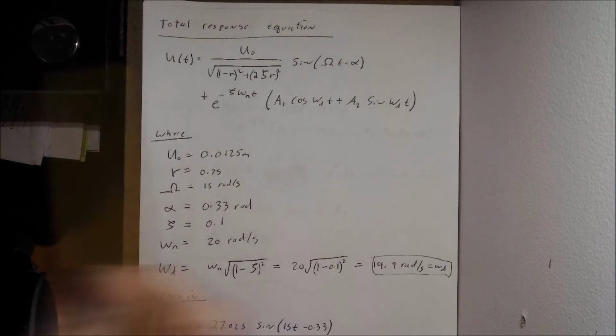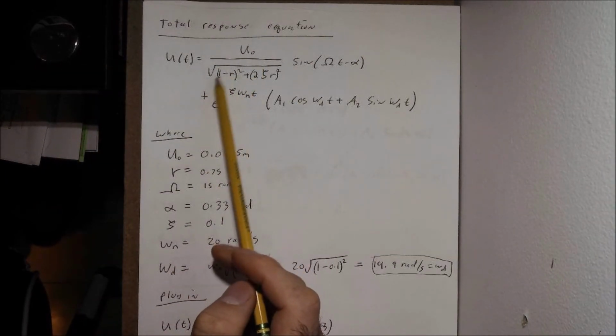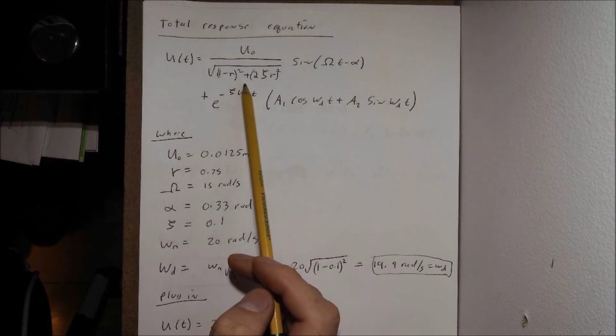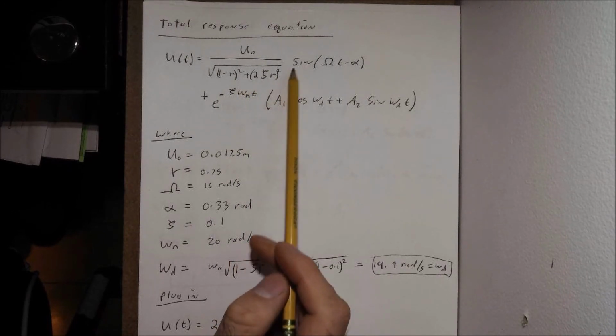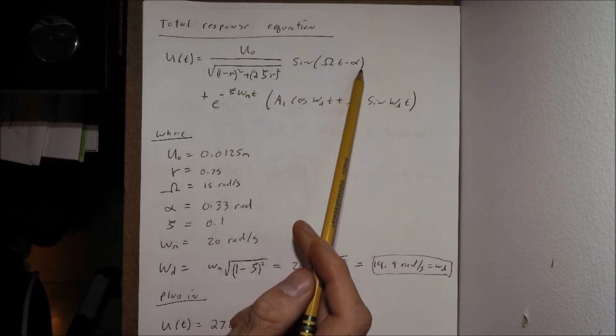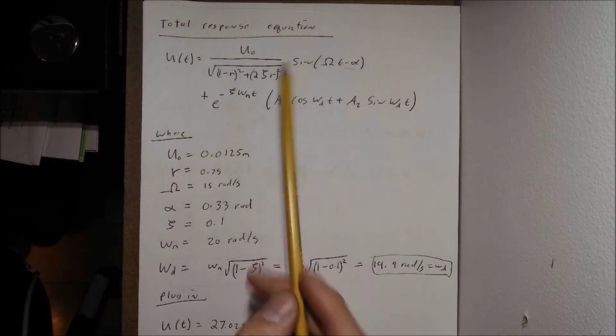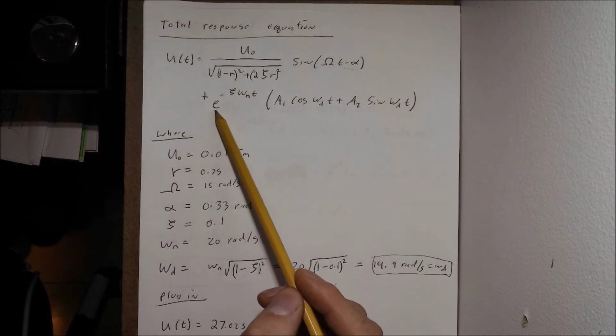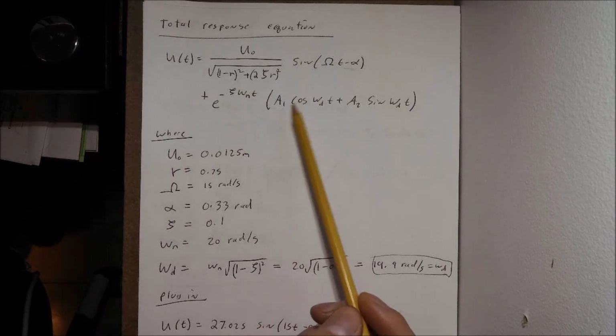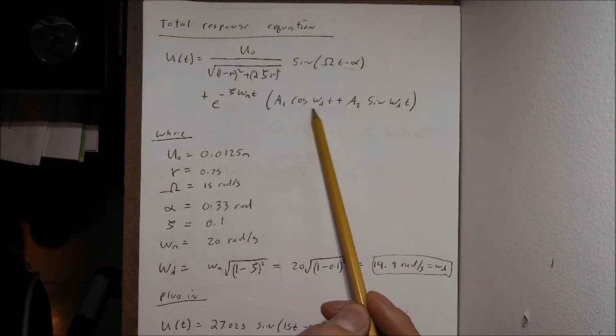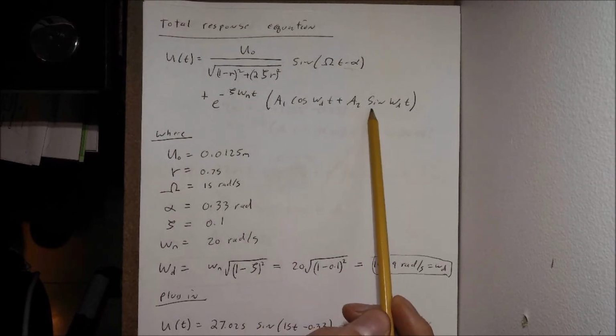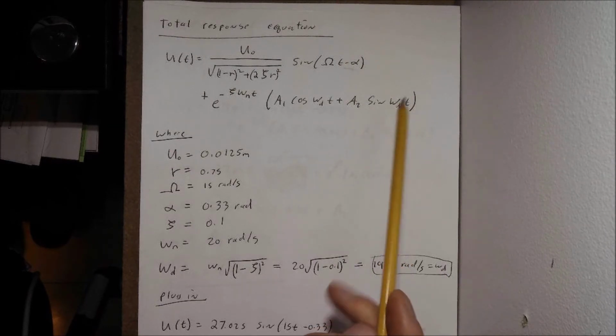U of t is equal to u naught divided by the square root of (1 minus r squared) squared plus (2 zeta r) squared, times the sine of omega t minus alpha. So this is where we're going to use that alpha we just solved for, plus the second half of this, e to the negative zeta omega sub n t times a1 times the cosine of omega d t plus a2 times the sine of omega d t.